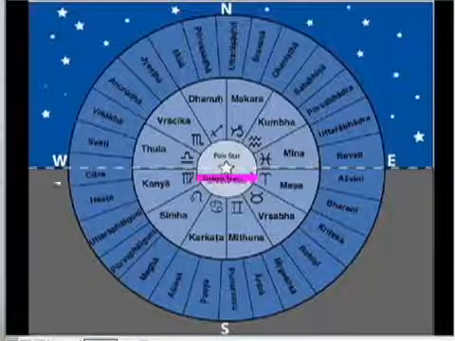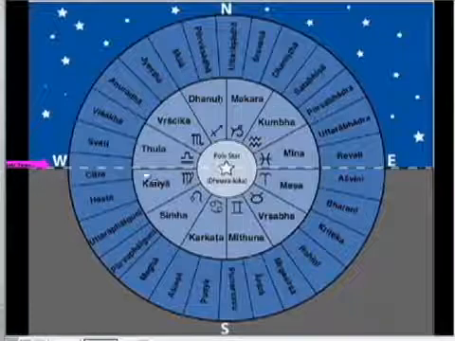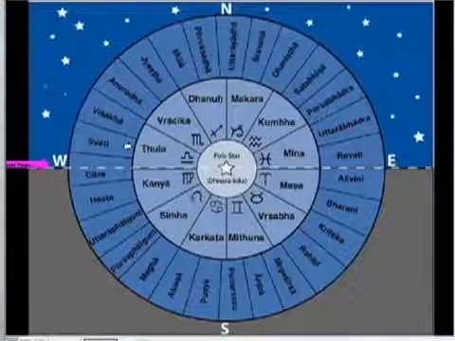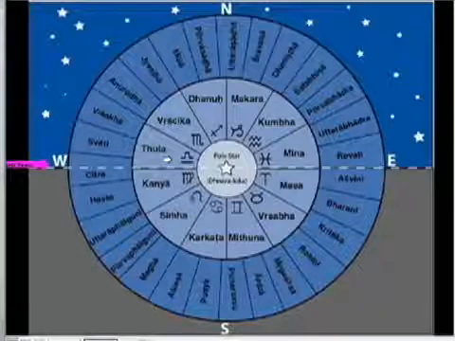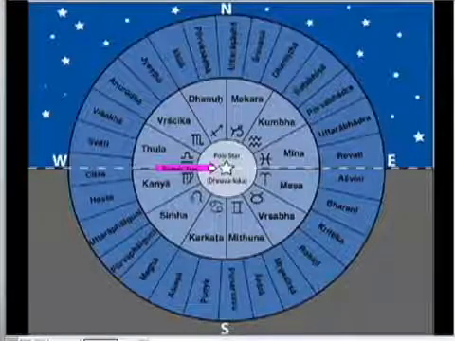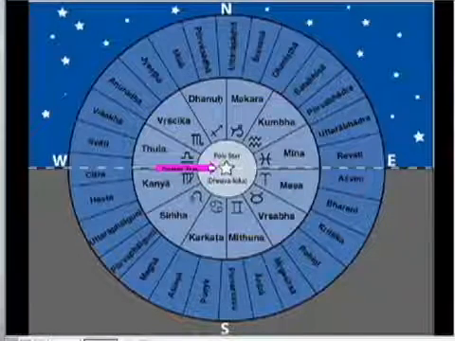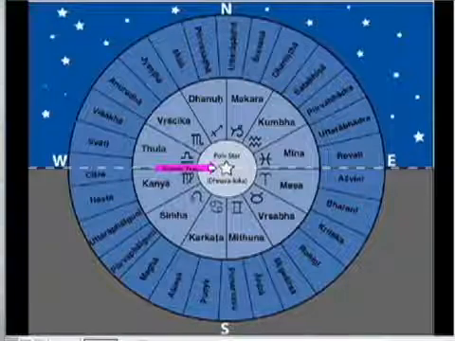Similarly, if we look in the west, we see the constellation Tula, or Libra, is just setting. And here's the pole star right on the horizon in the north. Why? Because we're standing on the equator, right?